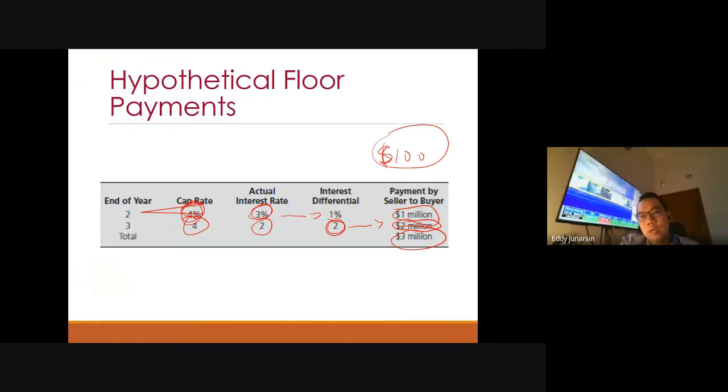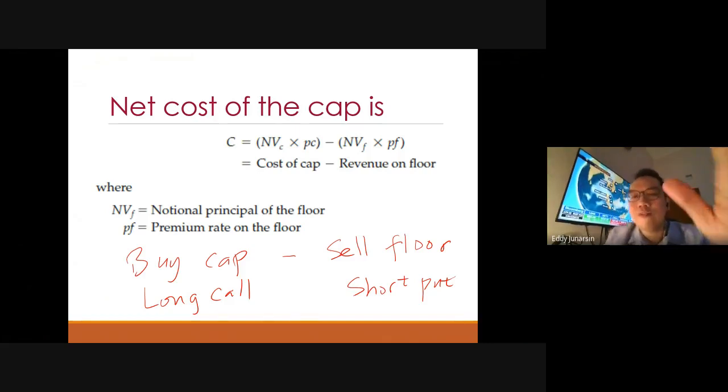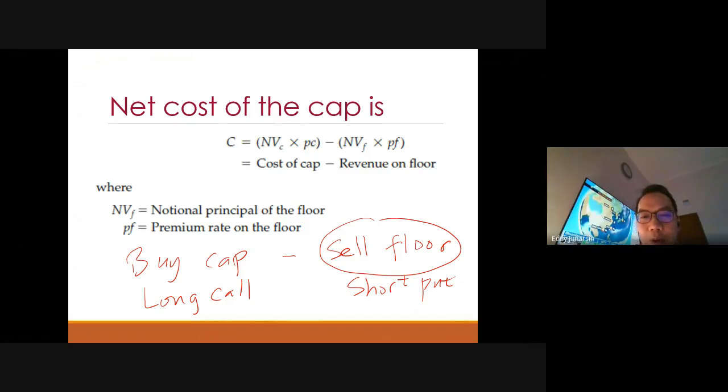So the floor price is 4. If the interest rate goes down to 3 or 2, then you earn money because you take a long put position. But if you want to earn some money from the floor, then you take a short position of the floor instead of long position. So you earn a bit of money from here because you sell the option, so you get the premium.